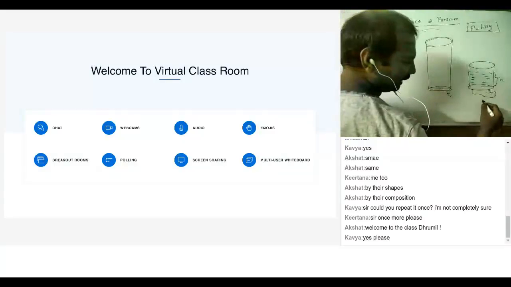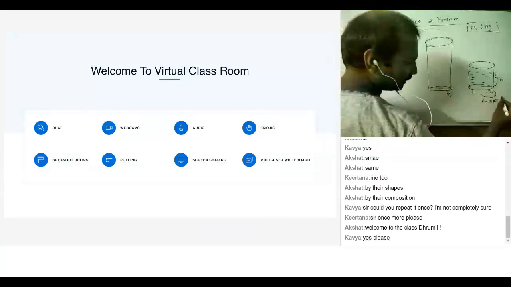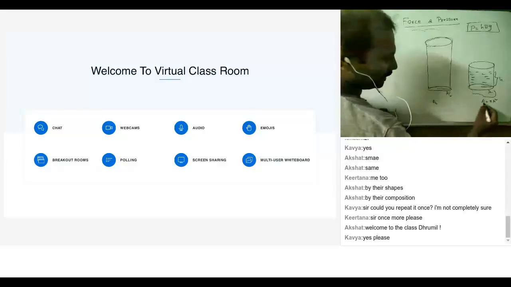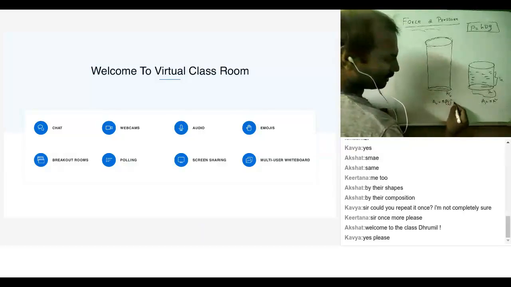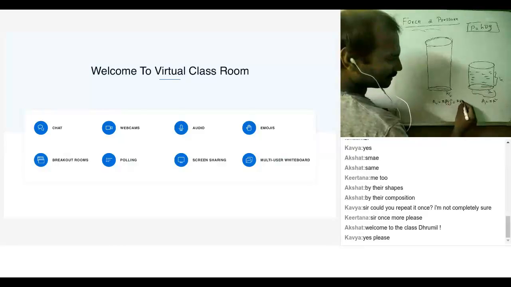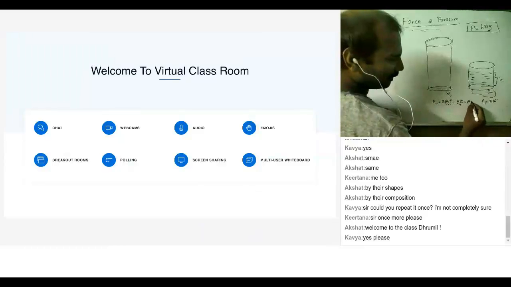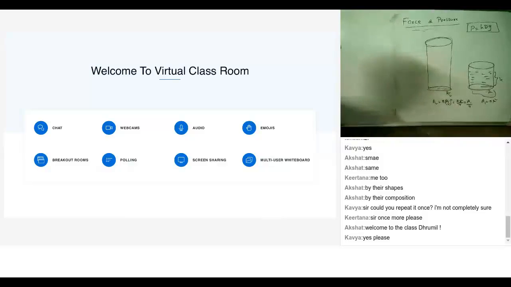Area is pi R square, I'll say A1. A2 is pi into R by 2 whole square, that is pi R square by 4. That is A1 by 4. Till here, I hope it is clear.